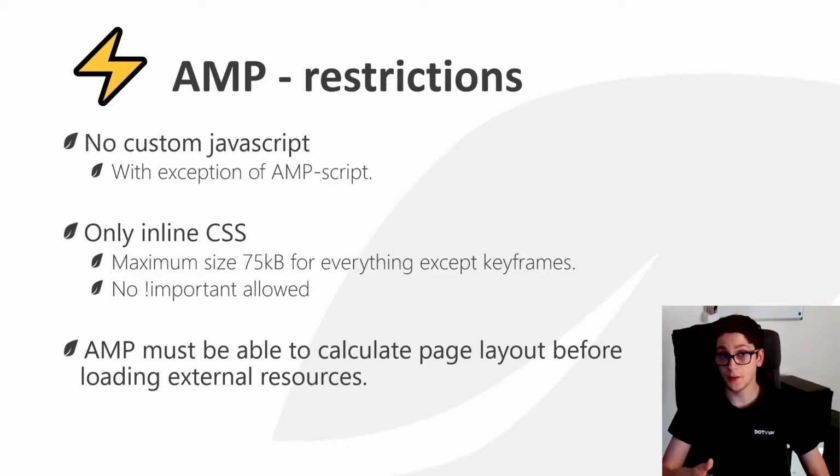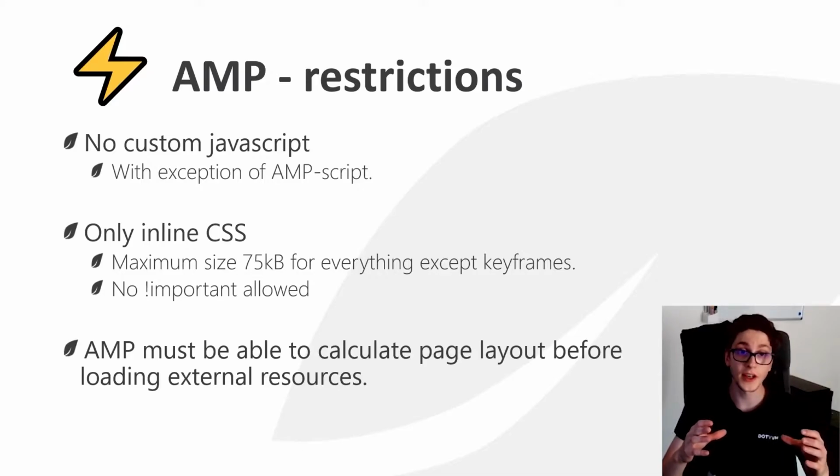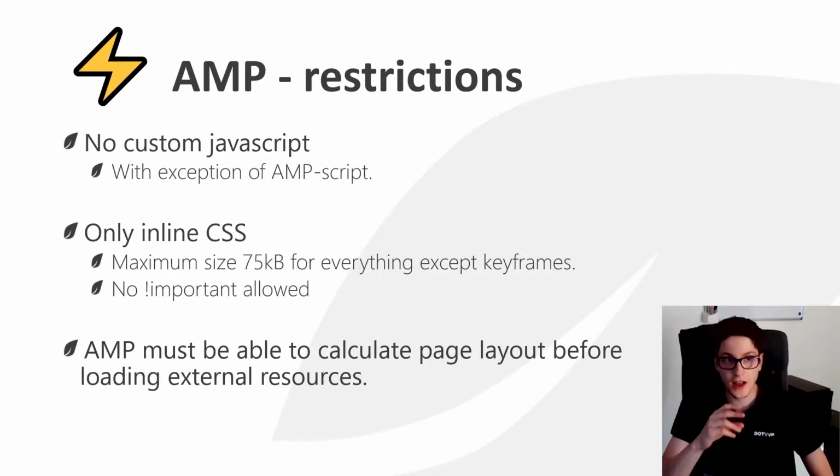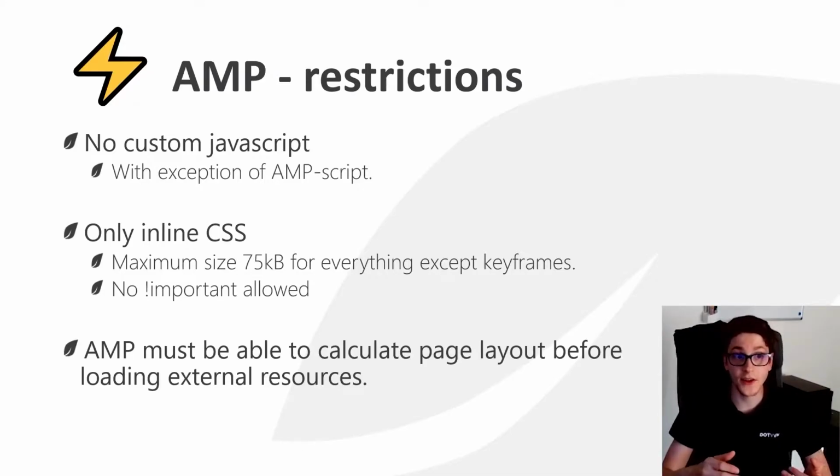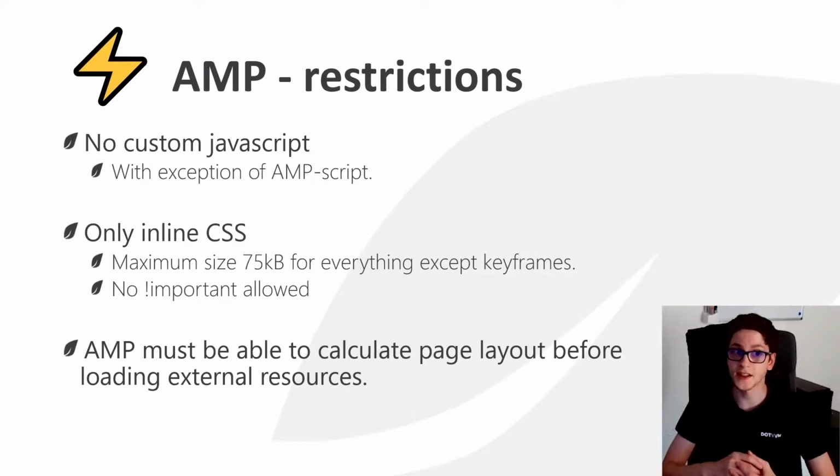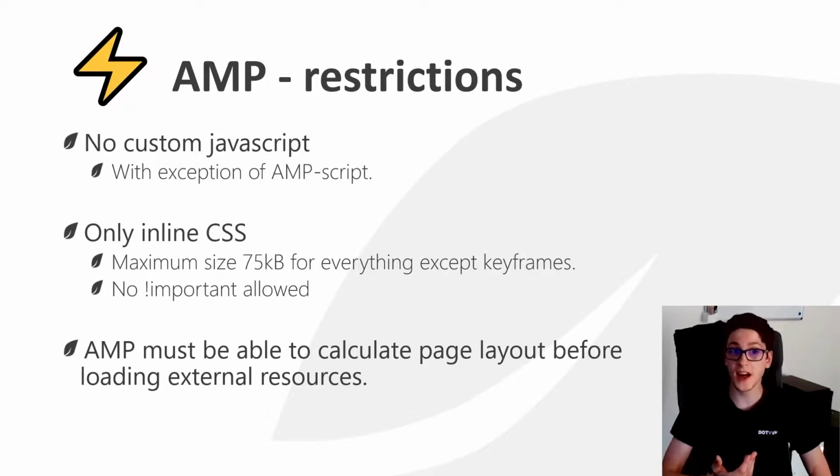There are some exceptions because AMP has its AMP script, but even those functionalities are really limited. Another big one is that there is support for only inline CSS, and even with inline CSS there is a size limit of just 75 kilobytes for most of your CSS.